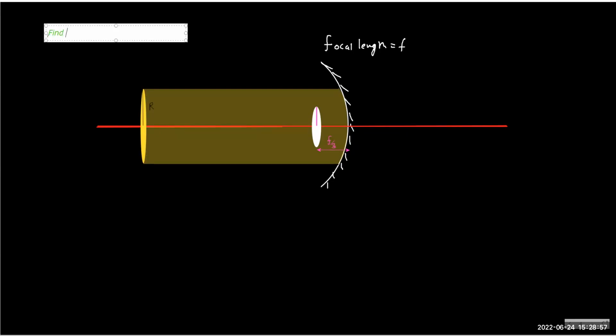Find the minimum radius of disk to completely block the rays from reaching the principal axis. I hope question is clear, guys.